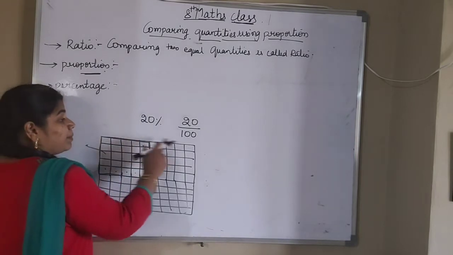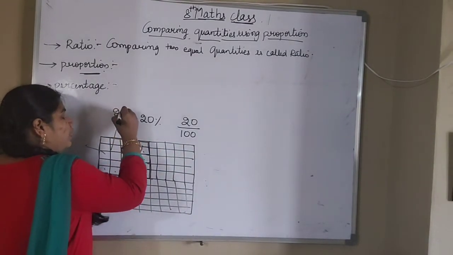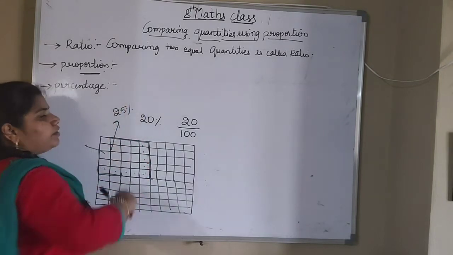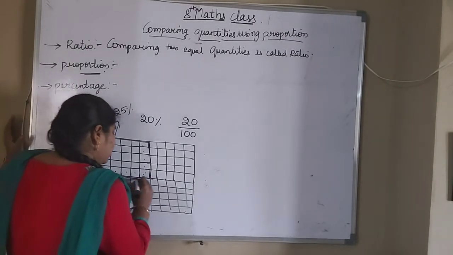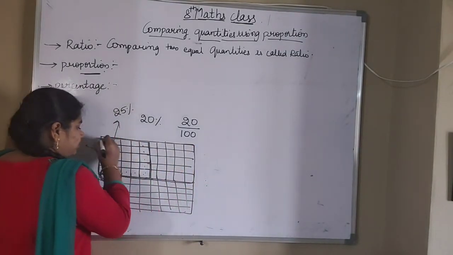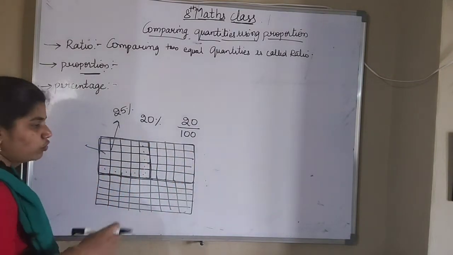That means from 100% of the chocolate I am eating only 25% of chocolate. If I want half, this is having 50, the total is 100.